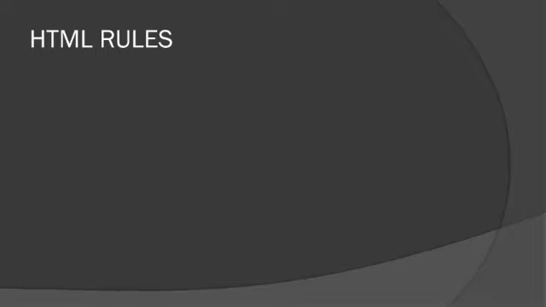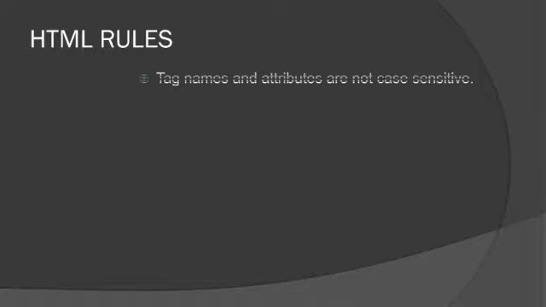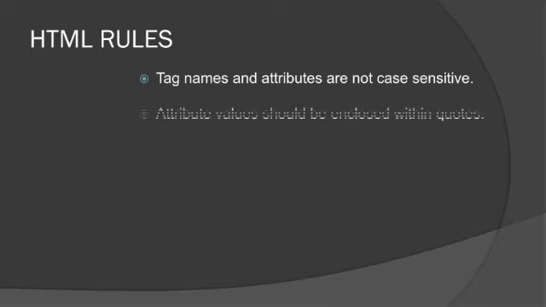Let's discuss the HTML rules. That means, in order to write HTML code, the rules that we need to consider are: the first rule, tag names and attributes are not case sensitive. Second, attribute values should be enclosed within quotation marks.